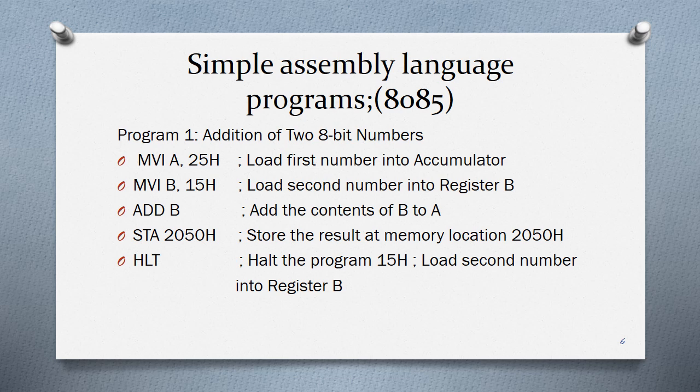We are moving 25 to A and 15 to B, and then adding: ADD B is implied, which means B is added with A and the result is stored in A. Now the answer in the accumulator is saved in a memory location: STA 2050. And finally you have a HALT.